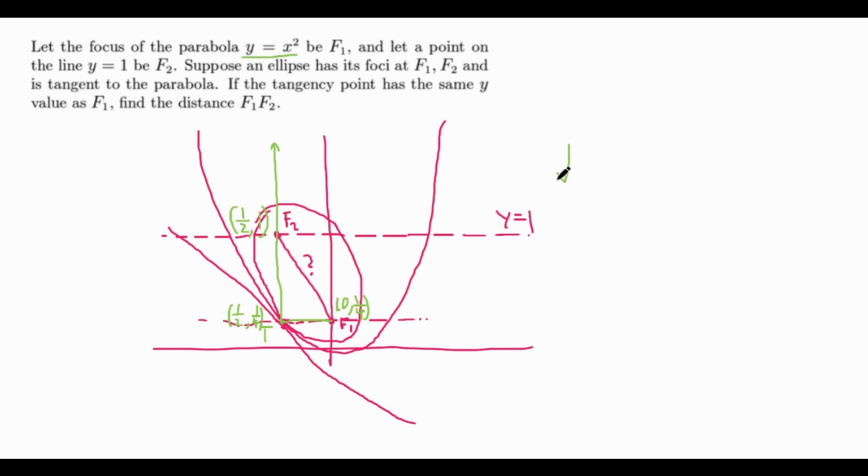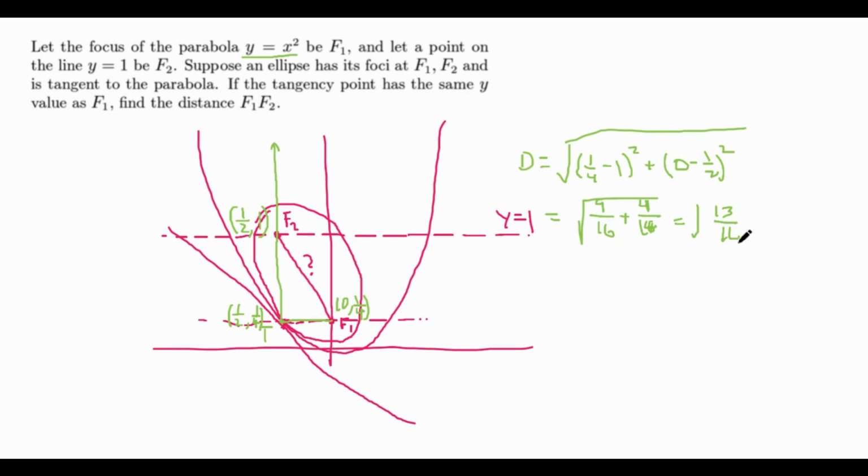So we can just apply the distance formula to get that the total distance d is equal to the square root of (1/4 minus 1) squared plus (0 minus 1/2) squared, which is equal to 9/16 plus 1/4, which is 4/16. So this entire thing is equal to the square root of 13 over 16, which is equal to the square root of 13 over 4, and we are done.